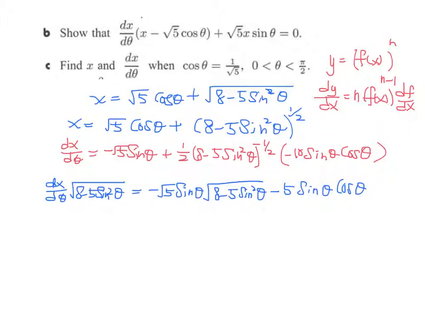So now the challenge is really that we want to see dx d theta times x minus root 5 cos theta, and we are very close because we know what x is. It's really root 5 cosine theta plus this root of 8 minus 5 sine squared theta.